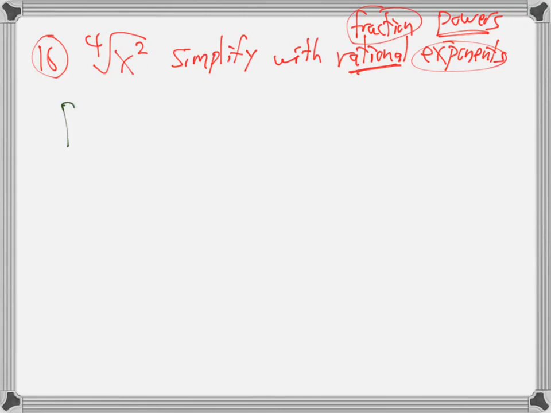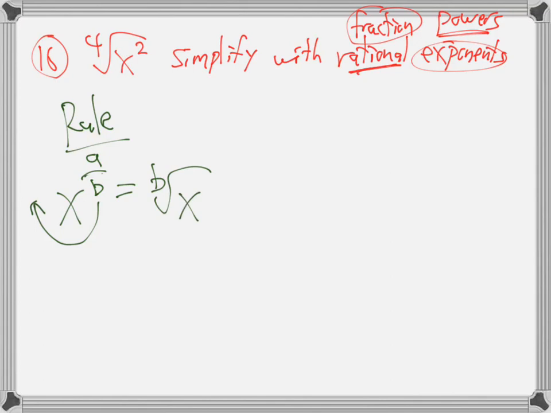If you have a fractional power, A over B, that B swings around into the hook, right? The A always stays put. The top of the fraction stays where it's at. So you can also go vice versa. You can go from the hook back to the denominator. It's either way. Whoever you're trying to talk to at the moment, they're both the same thing, two different languages, huh?